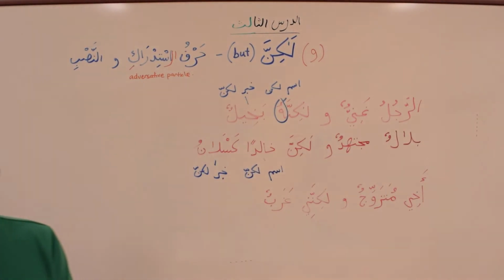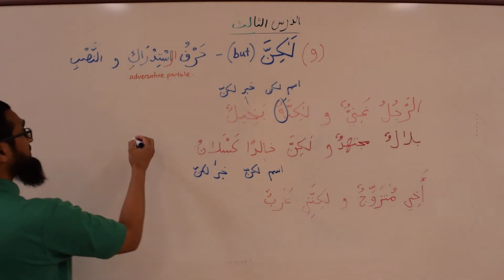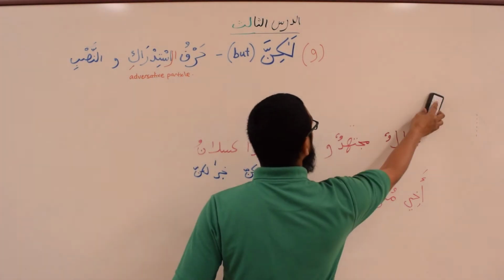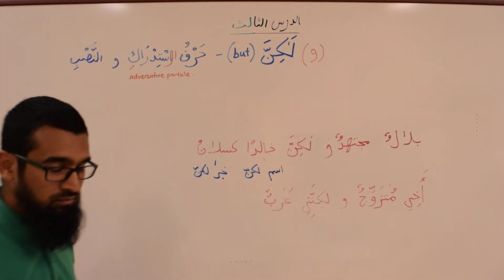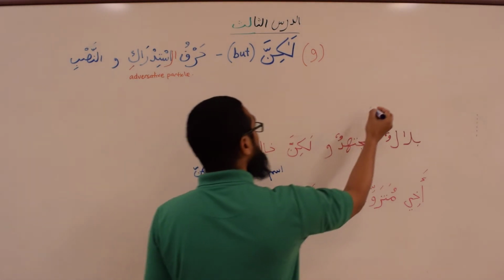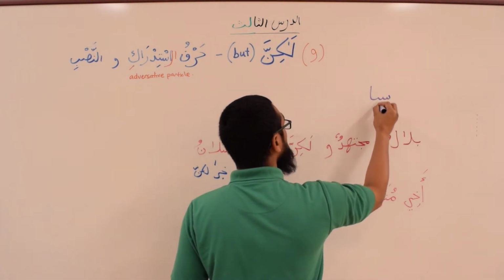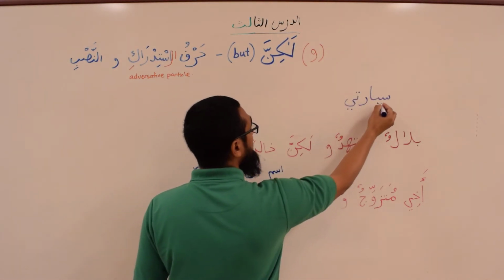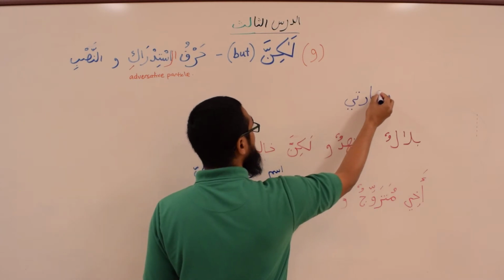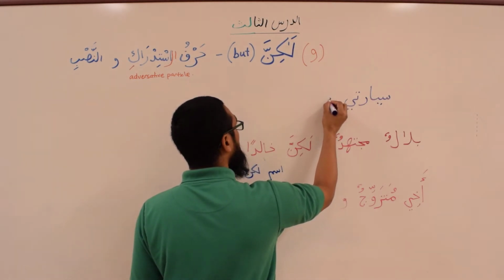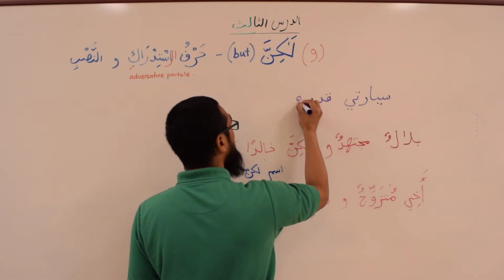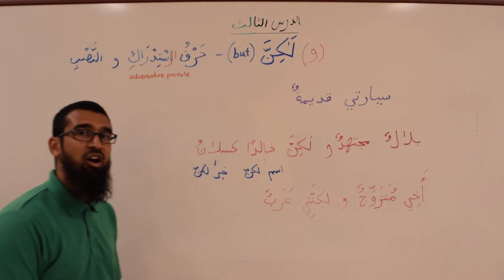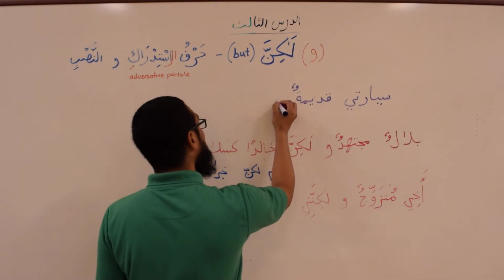Okay. Here it is. Actually, let me erase this so we have more space. سيارتي. Okay. همزة الشدة السيارة, right? سيارتي قديمة. ما معنى قديمة؟ Old. My car is old. ولكنها.